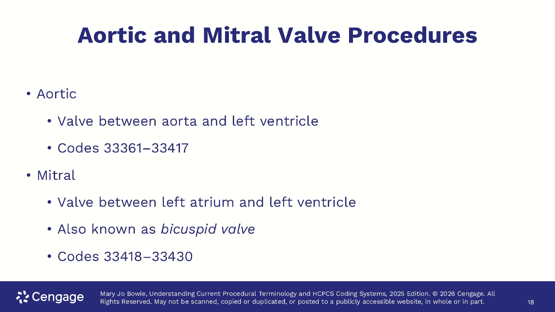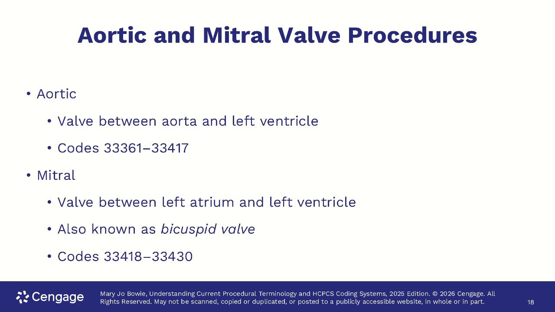All right. Next up, we have procedures that are on the atrial and mitral valves. And in these procedures, first of all, you see the range of codes. And there's a lot of these codes actually in this particular area from my perspective, and can be pretty complex with a lot of reading that you have to do.